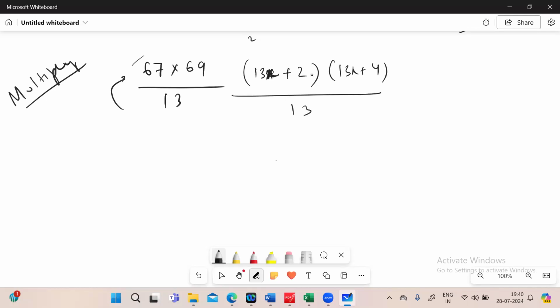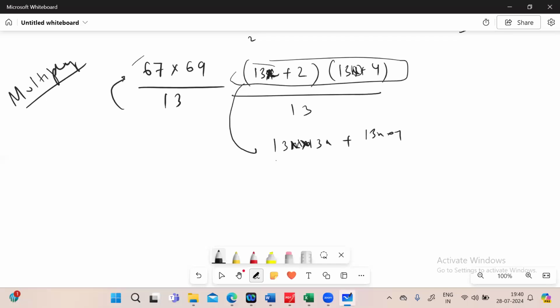Divided by 13. Here this could be anything. X can be y also, or anything. If I multiply these two terms, I'll be getting four terms in this multiplication. Out of these, three will be divisible by 13, like 13x into 13x plus 13x into 4 plus 2 into 13x plus 2 into 4.